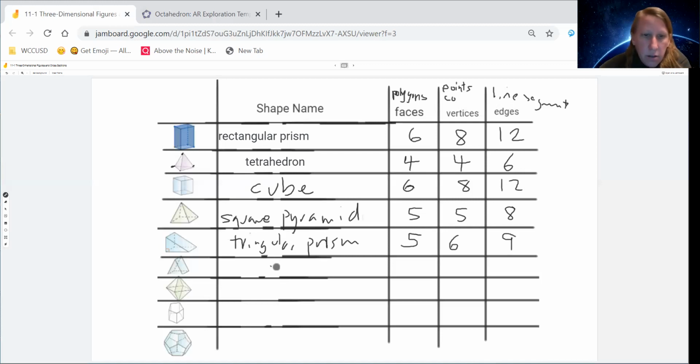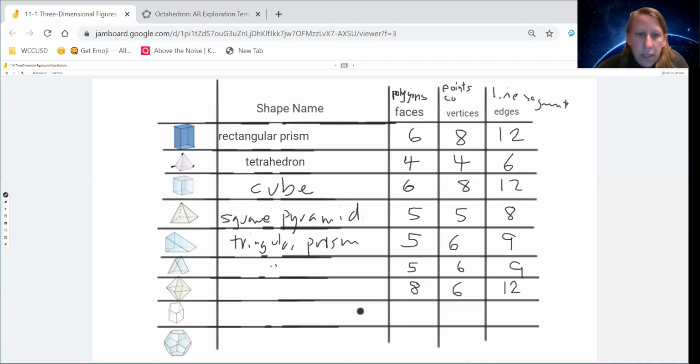Okay, this is also a triangular prism, so this is also 5, 6, and 9. This is our octahedron. It has 8 faces. It has 4, 5, 6 vertices, and it has a lot of edges: 1, 2, 3, 4, 5, 6, 7, 8, 9, 10, 11, 12 edges. All right, I'm going to leave that for now.